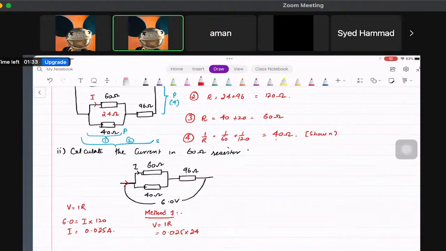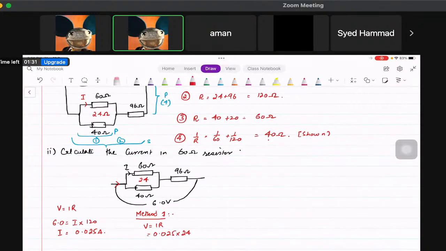So the voltage across this whole branch is going to be 0.6 volts. Now, because I have this, I want to find the current in 60. I'm going to use V equals IR. The voltage here was 0.6, the current in this one I want to find, and the resistance is 60. So it means that it's going to be 0.01 ampere. Is that clear?